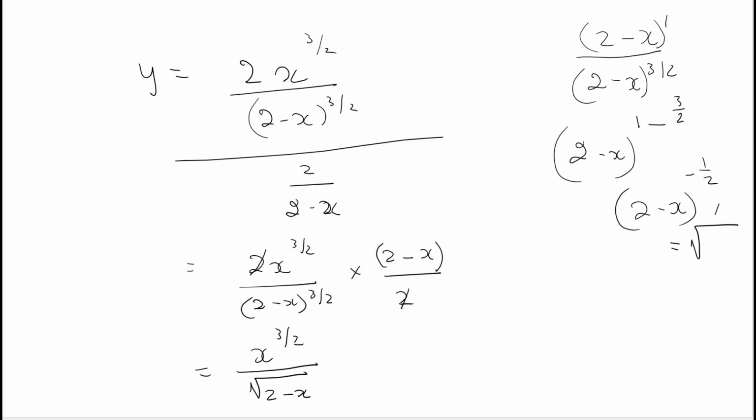That's 1 over root of 2 minus x, which is what I've got there. It's on the bottom, so it's that. Now we've got ourselves to y. We need y squared, so then y squared, okay, x to the 3 over 2 squared is just going to be x cubed over 2 minus x, which is, once it's squared, is 2 minus x. Bingo, it's done.